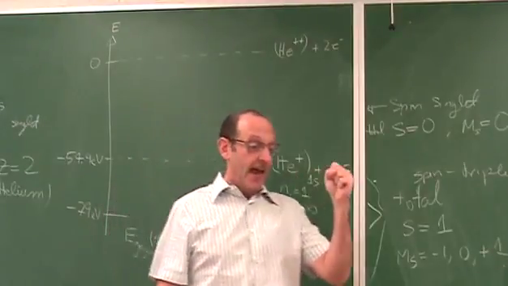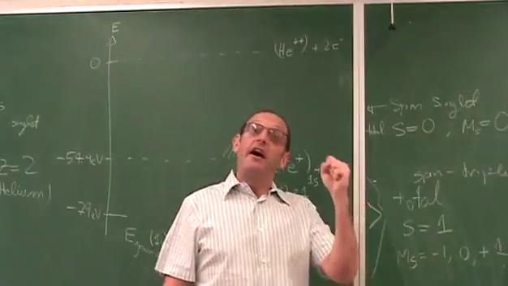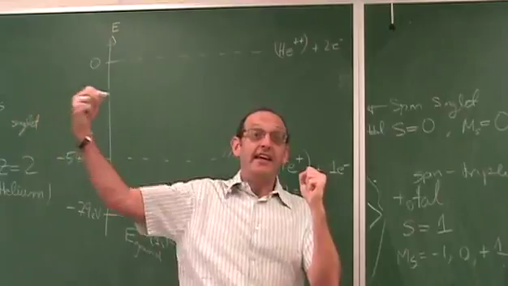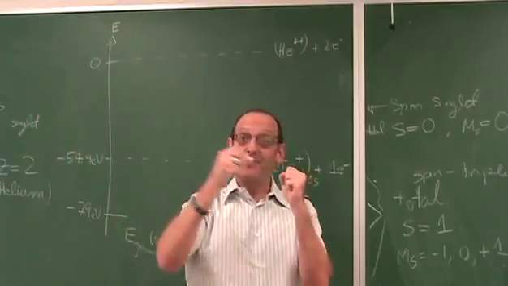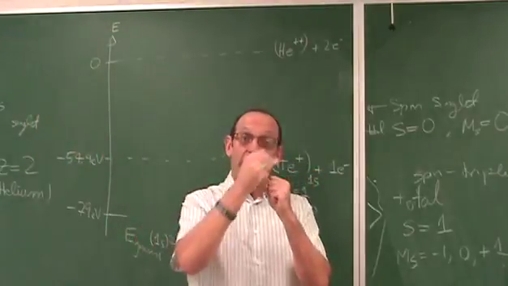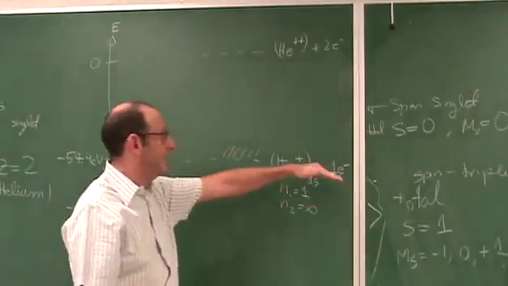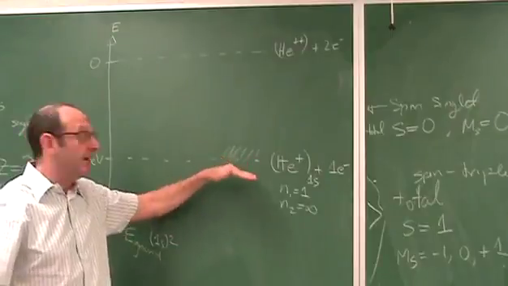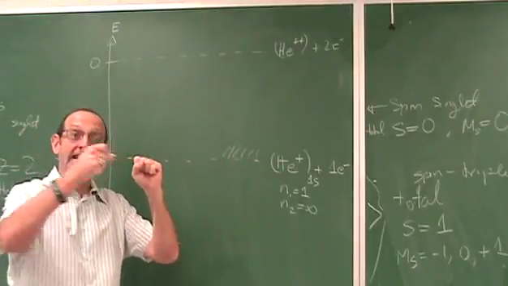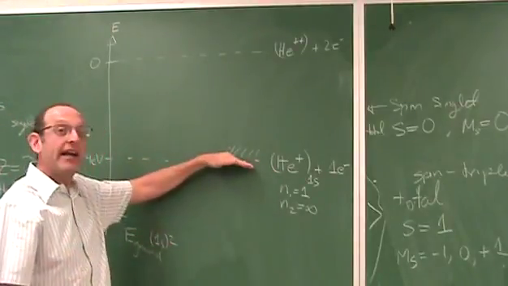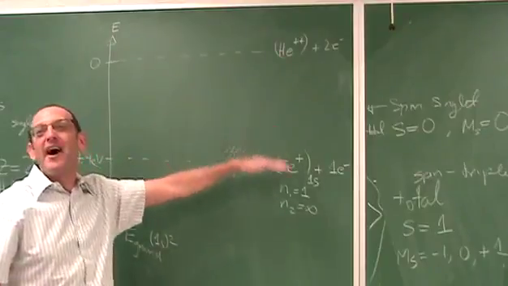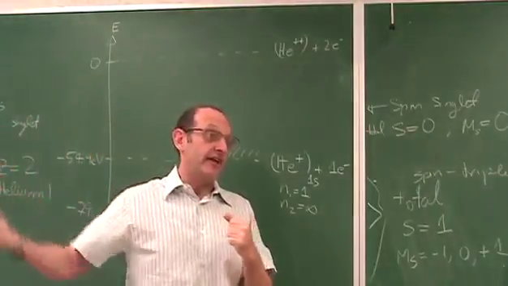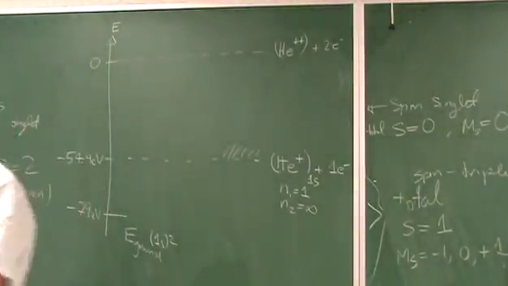If I had a singly ionized helium atom in its ground state and then an incoming electron, and I wanted to look at some kind of scattering process, I would say there is a scattering channel associated with the zero energy impact of that electron, which would be right here, but then there's a continuum of possible energies associated with the motion of that free electron impacting on that ion.